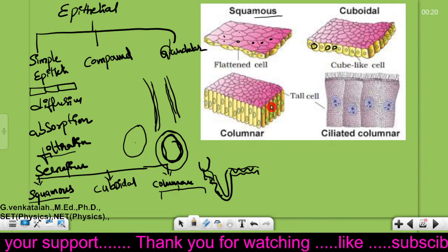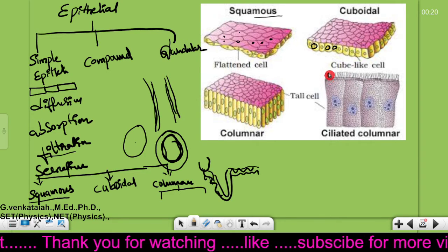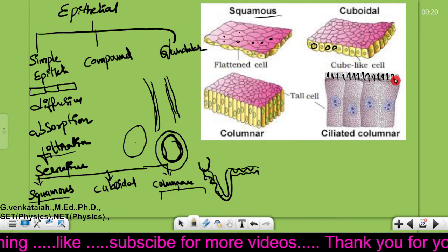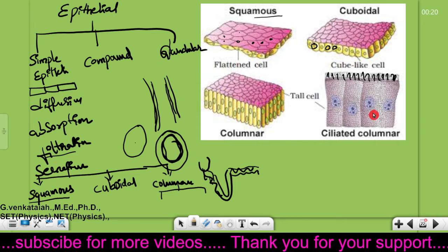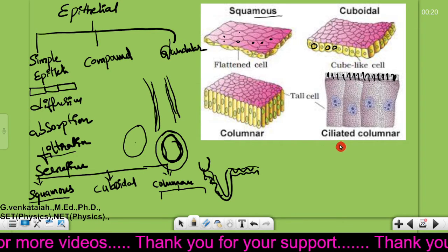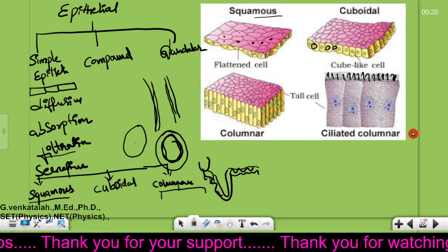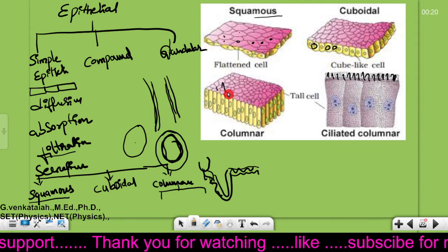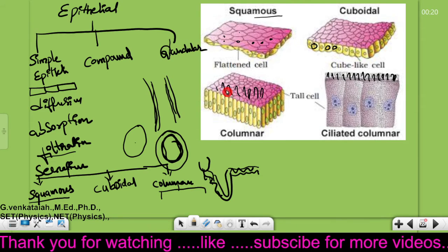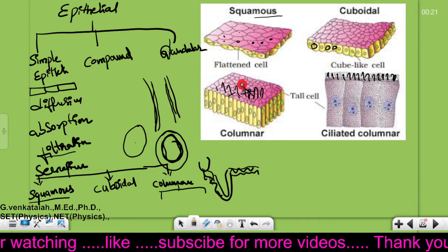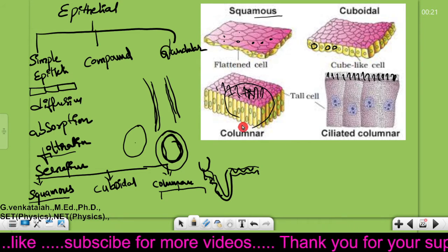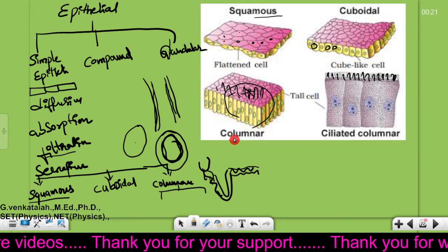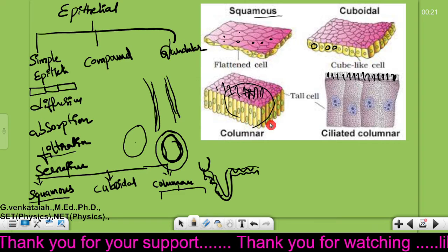If the columnar epithelium cells have cilia on the surface, they are called ciliated columnar epithelium cells. But some columnar cells don't have any cilia, and these are called non-ciliated columnar epithelium.